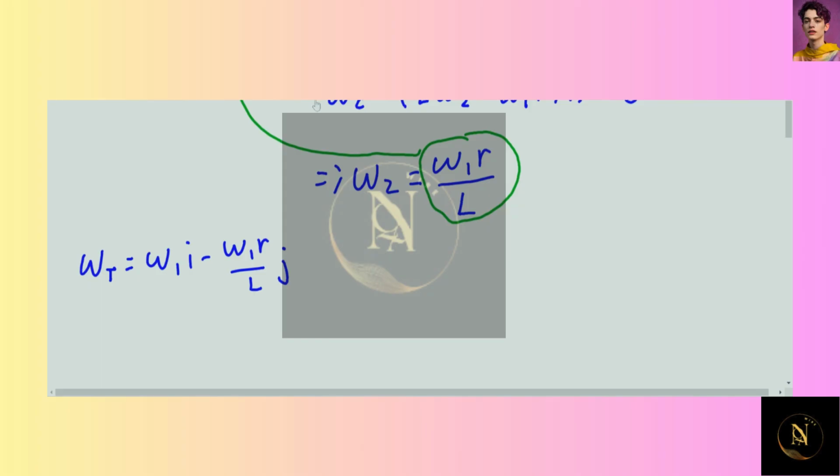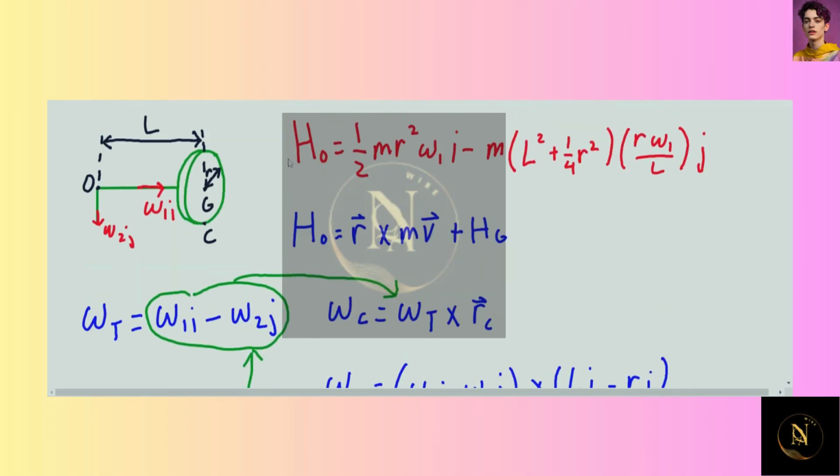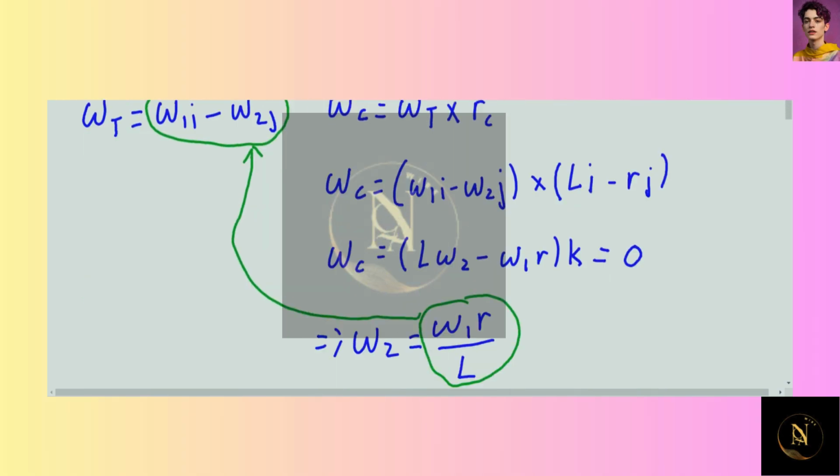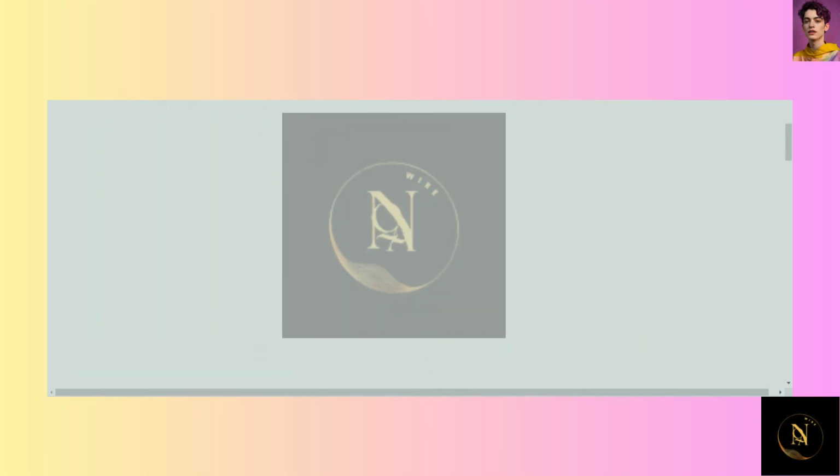Next we're going to look at our free body diagram, and we're going to take moments of inertia about the point G on the disk. For the x component of that moment of inertia, we can write 1 over 2 times m r squared.